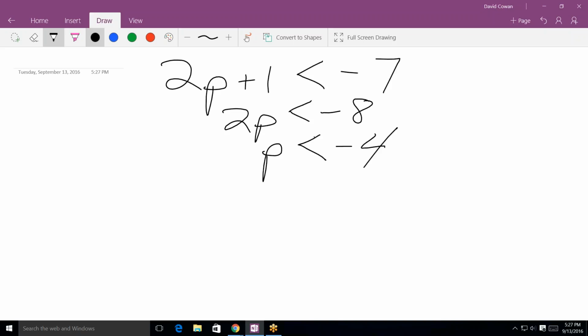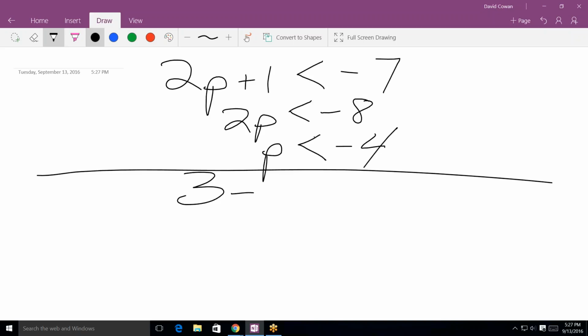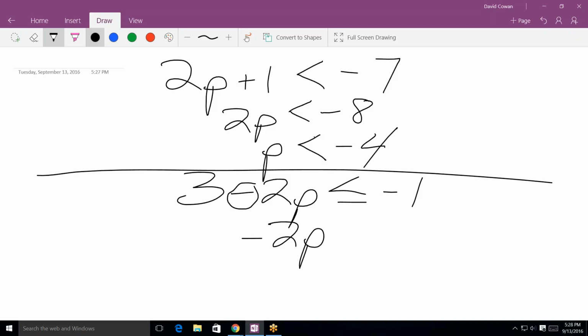You're getting faster, I can tell. Then it's 3 minus 2p is less than or equal to -1. Next line. 2p is less than or equal to -4. Hold on, that's not the next line. The next line is -2p. You cannot drop that negative sign.